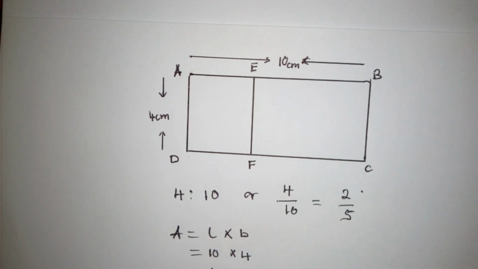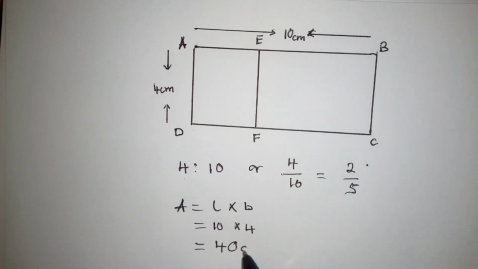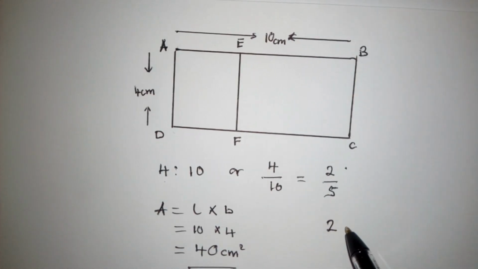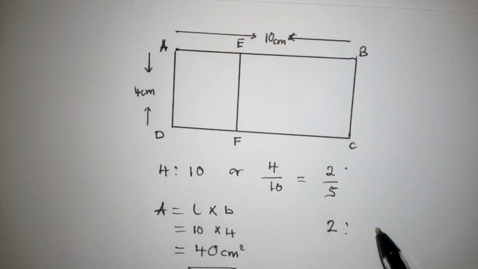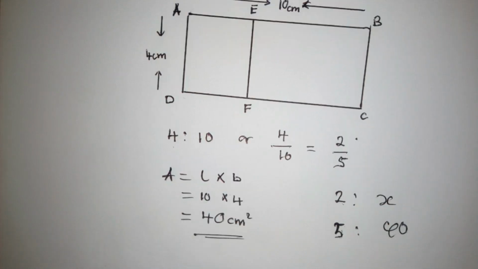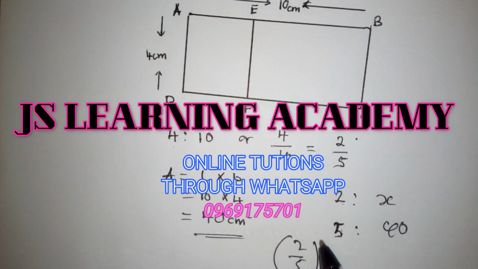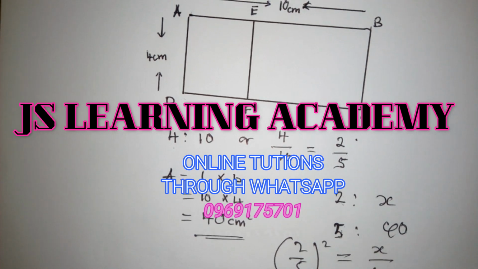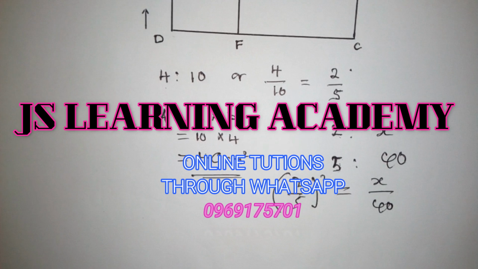When you multiply, we have 40 centimeters squared, which is our area of the bigger rectangle. So the area of the small rectangle we don't know. So what we can do here, we can do this. We get this ratio, which is equal to x over 40. We don't know the x.